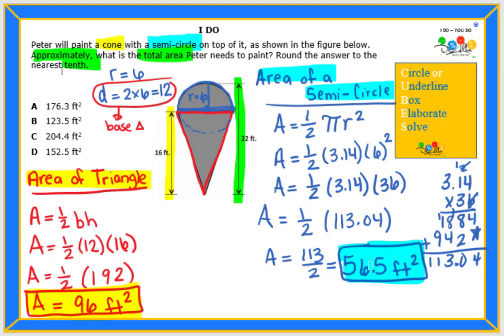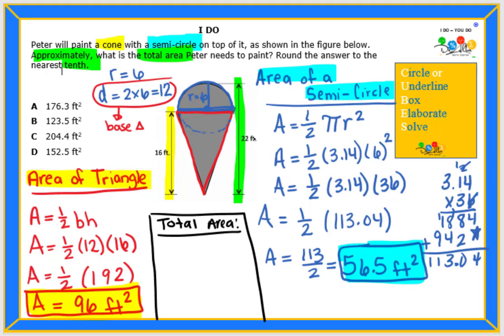Okay, and now we need to find the total area. So the total area is going to be the 2 shapes put together. So I have my triangle area, and I have my semicircle area, and I'm going to put them together for my total.